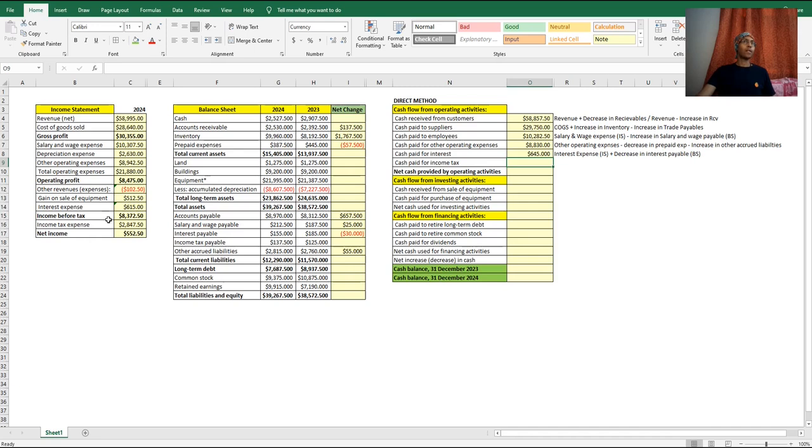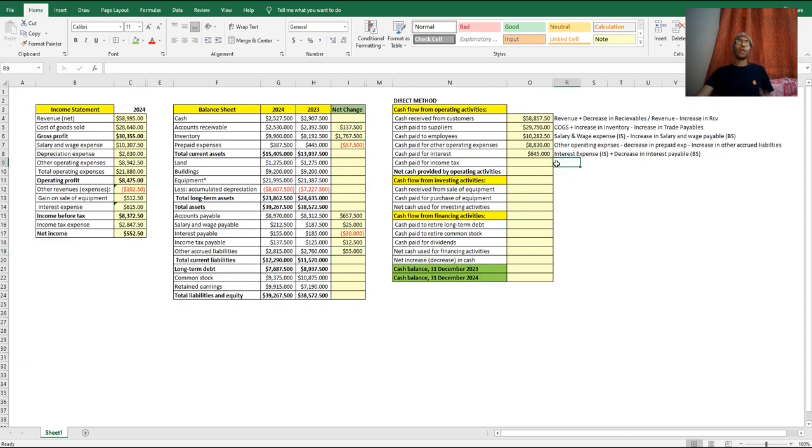Now cash paid for income tax. This is tax expense adjusted for tax payable. First we find out the tax payable. Has it increased or decreased? So this is 137 minus 125. It has increased. So less cash has gone out than what is mentioned in the income statement.